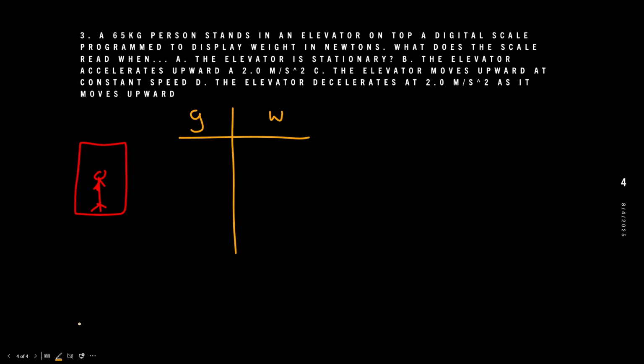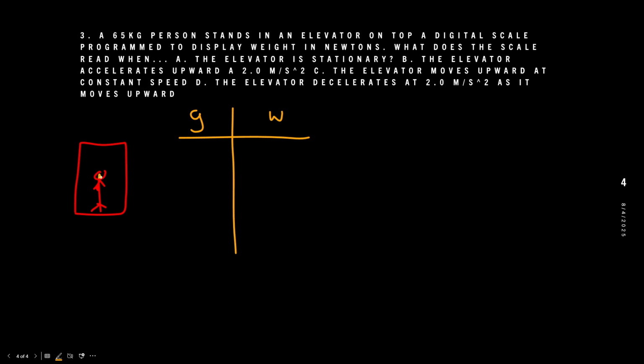In part D, the person is decelerating at 2 meters per second squared as it moves upward. So even though it's decelerating, since the person is still moving upwards, a would not be negative, but the forces would change here.